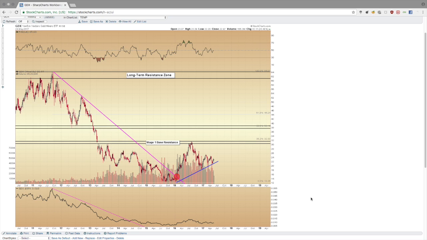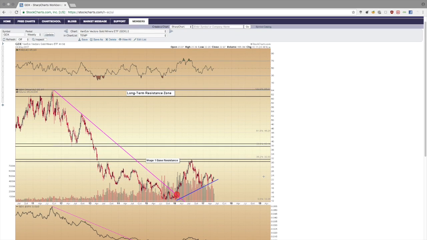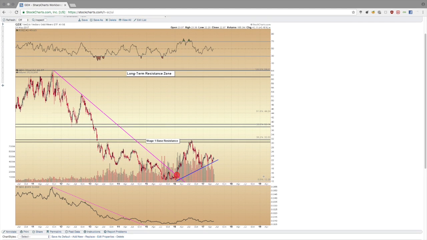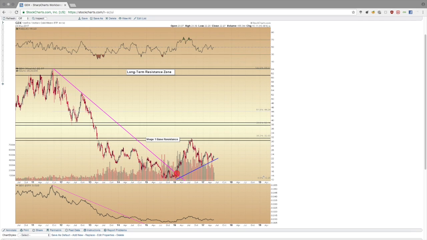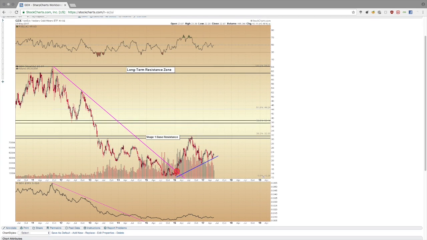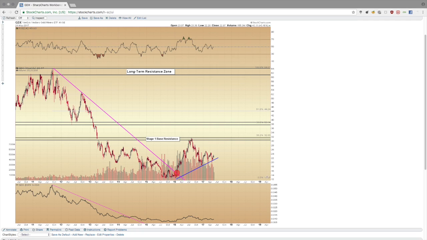If you find some value in this, and I know that there are a lot of advanced traders out there as well, maybe you find some value in this. If you don't, I do apologize, but I find this big picture overview is the most important sometimes for looking at what we should expect in a market over the next year to 18 months.